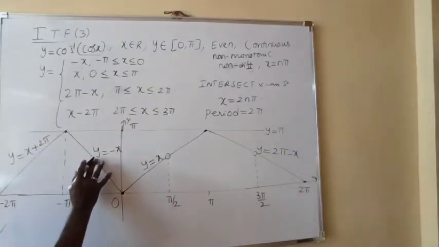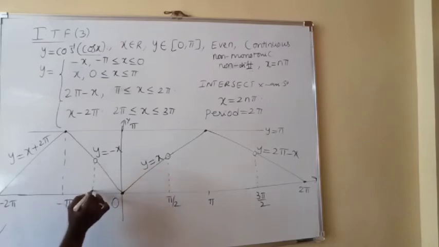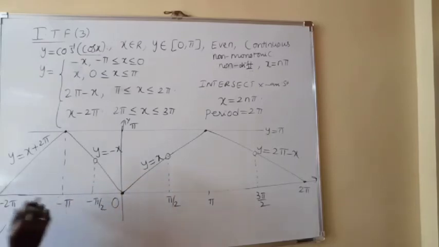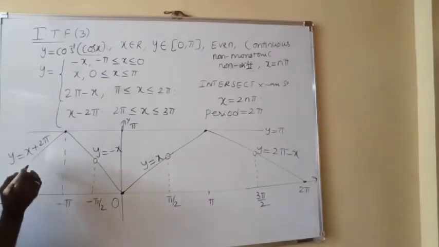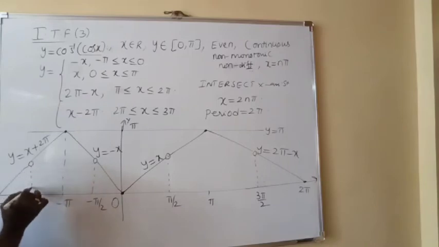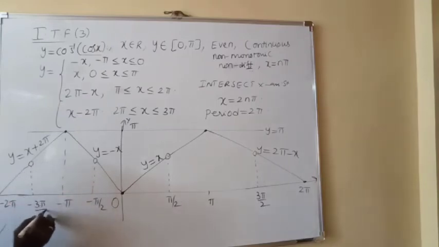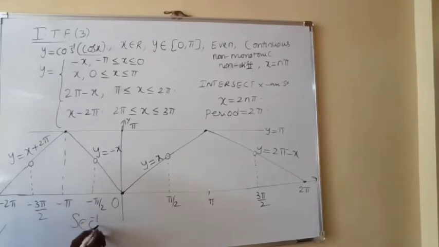Between minus pi to 0, it is minus pi by 2. Between minus 2 pi to minus pi, it is minus 3 pi by 2. Now this is the graph of secant inverse of secant x. It is also a periodic function of period 2 pi.